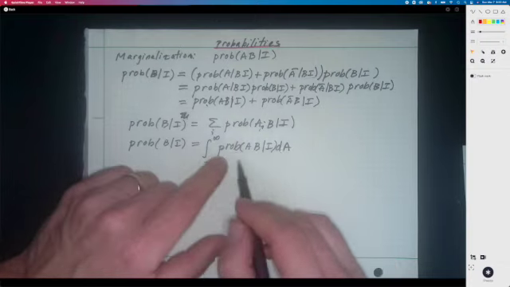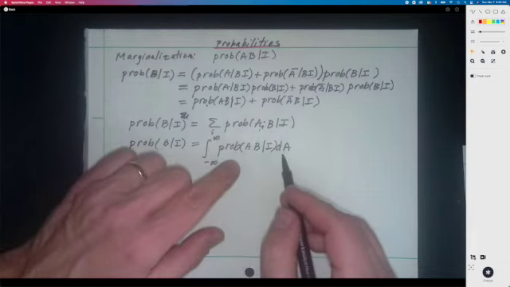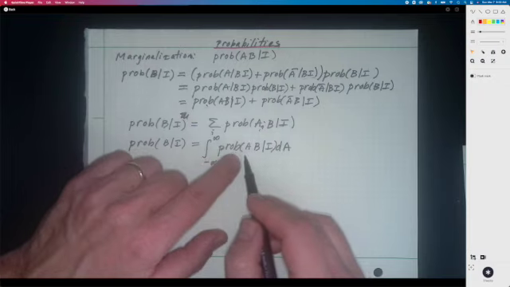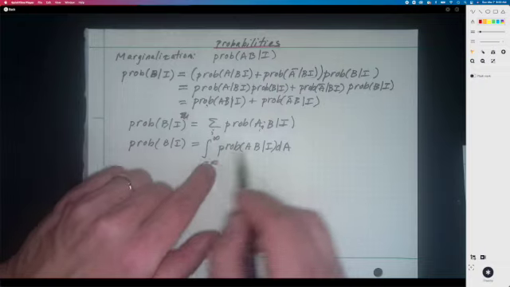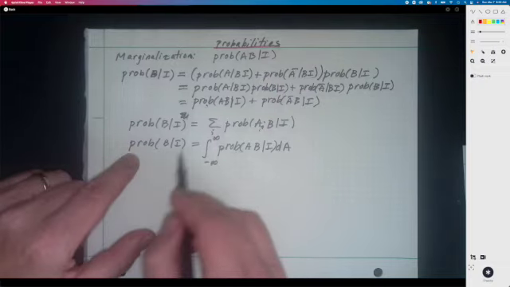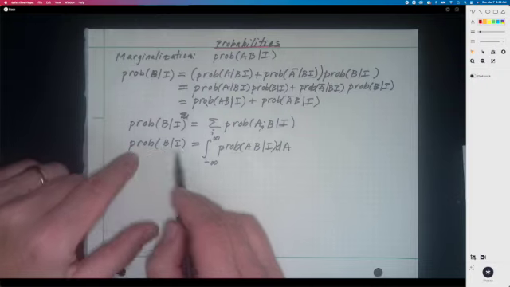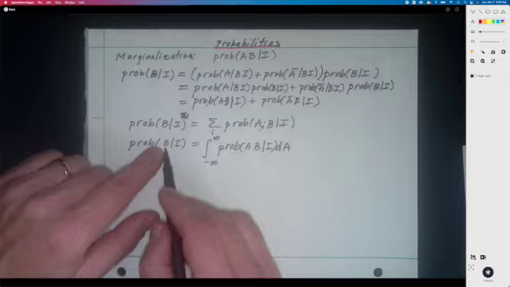If this was measuring the length of something, A would have units of, let's say, meters, and this quantity here would be the joint probability for A and B per unit length of A. And then when we integrate this, we end up on this side with just the probability for B. Now, if B was also a continuous variable and this was also a probability density, suppose B has units of mass, for example.